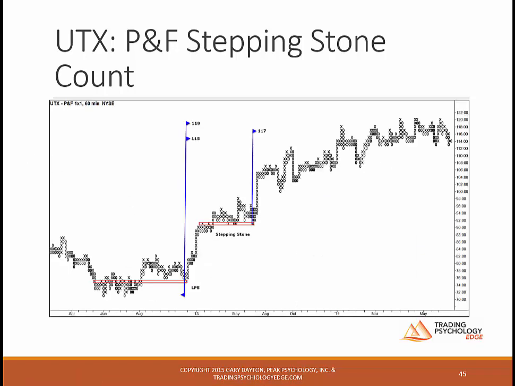So here's what happens. Actually, we had a count all the way up to 119, I guess. But we can see that the stepping stone count brings it right up into this area, and the market does go up into the high teens here, 120 it looks like. So you can see how effective this is.